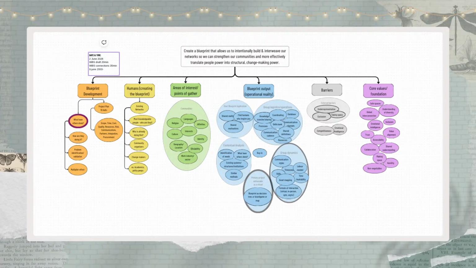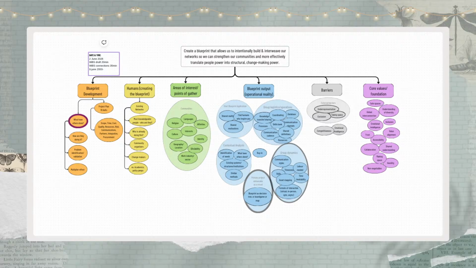Because creating a blueprint seems like a huge endeavor, we need to break that down into smaller pieces so we can eventually maybe start a document or interview a certain person, very specific concrete tasks that we can then carry out.